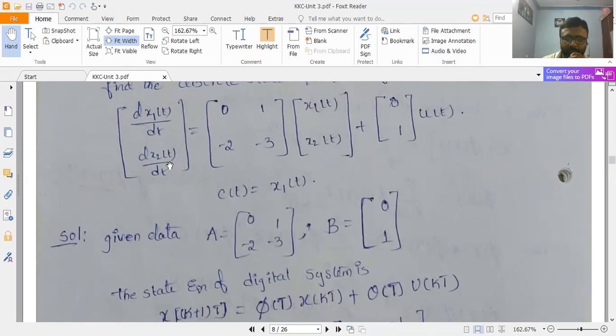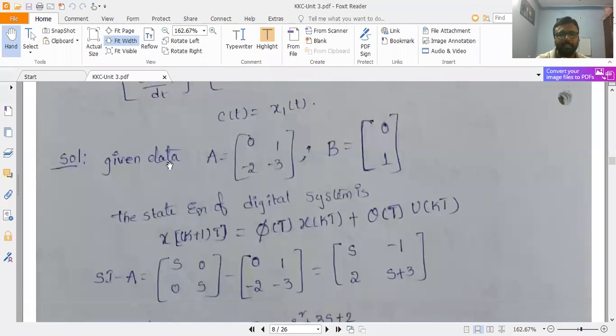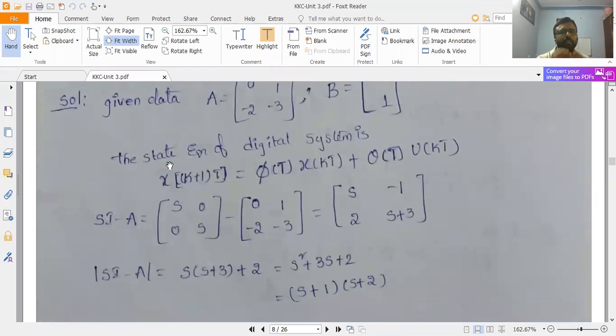So in order to find out the state transition matrix, that is nothing but phi of t, it is going to be represented as the Laplace inverse of (sI minus A) whole inverse. Why? Because the given statement is in continuous form.